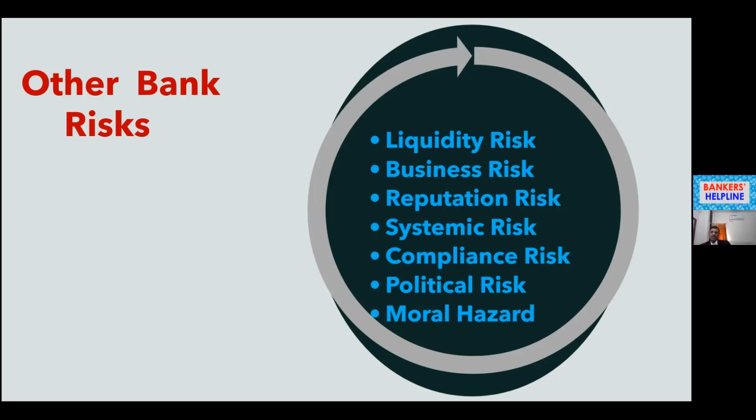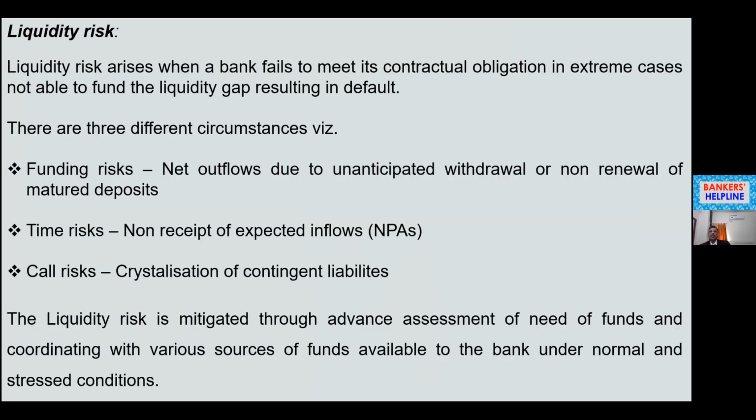And other bank risks are the liquidity risk, business risk, reputation risk, systematic risk, compliance risk, political risk, and moral hazard. Liquidity risk arises when a bank fails to meet its contractual obligation. In extreme cases, it is not able to fund the liquidity gap, resulting in default.